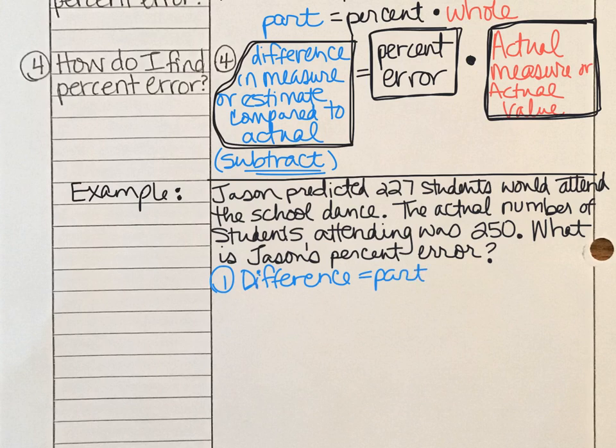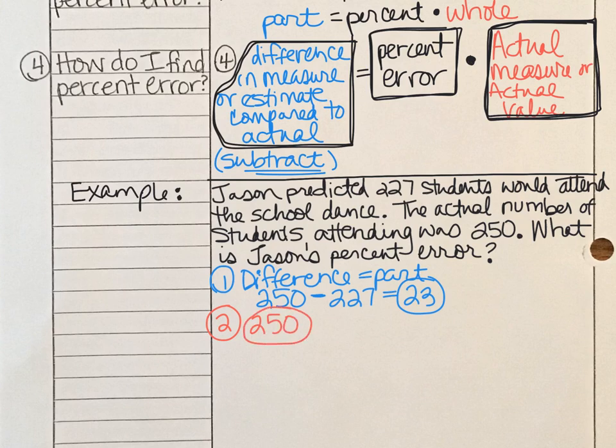So we're going to be subtracting the actual and his estimated numbers. So 250 and 227, let's subtract those, and we get 23. That represents our part. Then in step 2, as before, we have to identify the actual number or the actual value. In this case, the actual number is 250. And remember that actual number or value is equal to the whole.